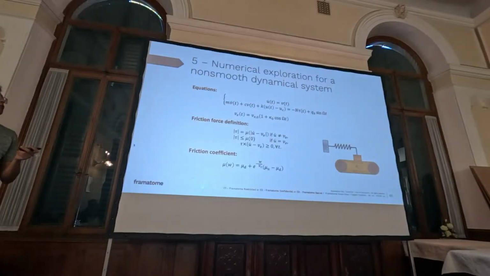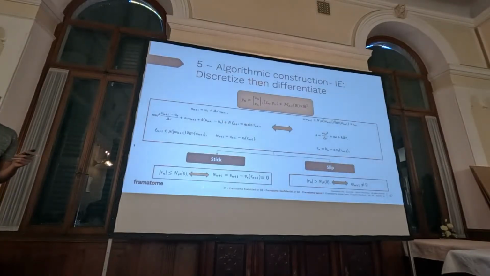And now as for a non-smooth problem, this is a toy problem about friction. This is our model. Due to the non-smooth characteristics, I took a shortcut, doing a discretization first and then a differentiation.